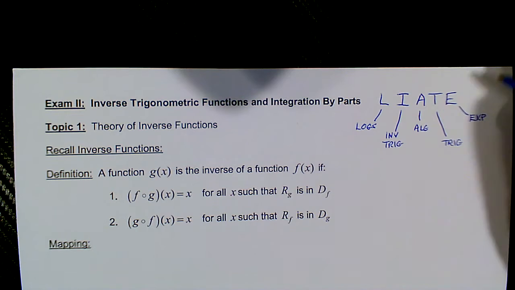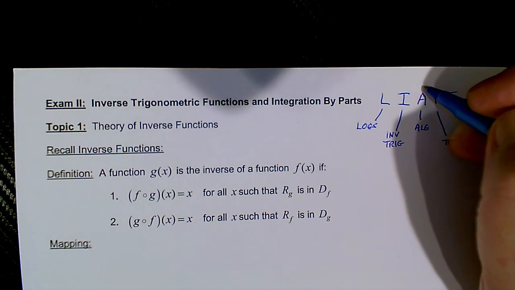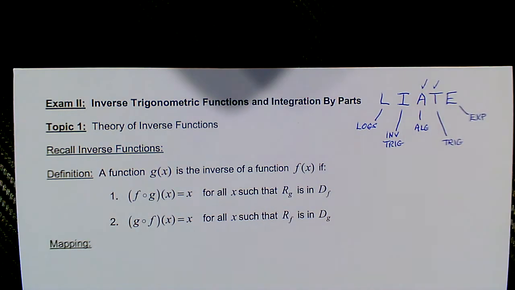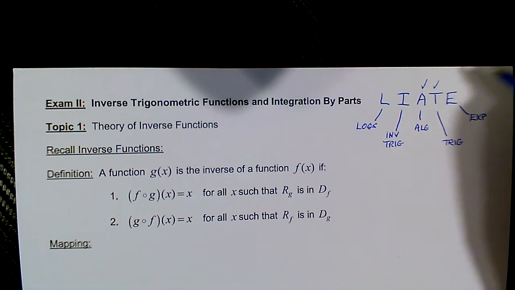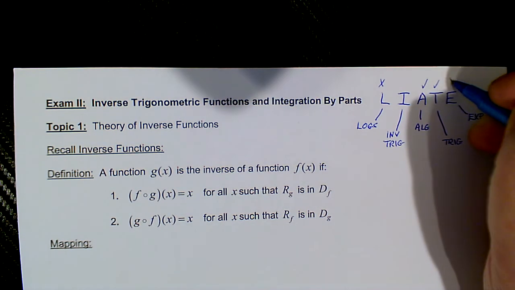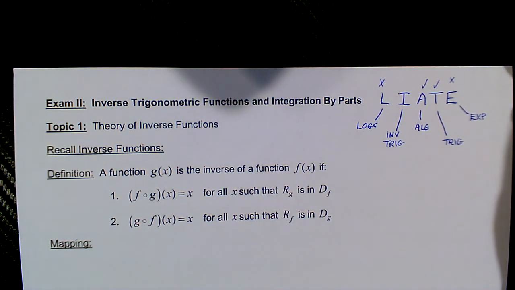And so in Calculus 1, you mastered algebraics and trigonometrics, differentiation and integration of those. We just got finished with logarithmic and exponential. So now our focus is on the inverse trig functions.